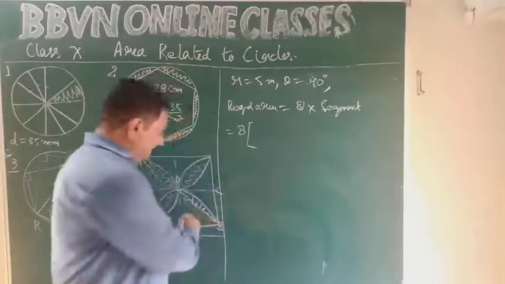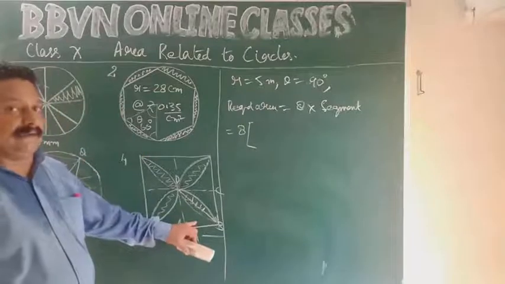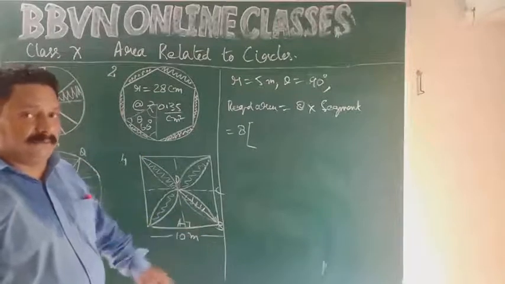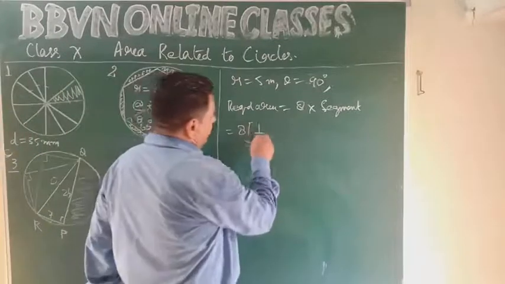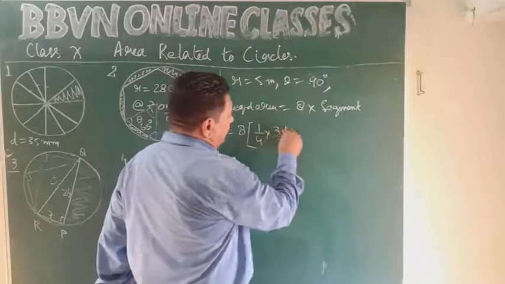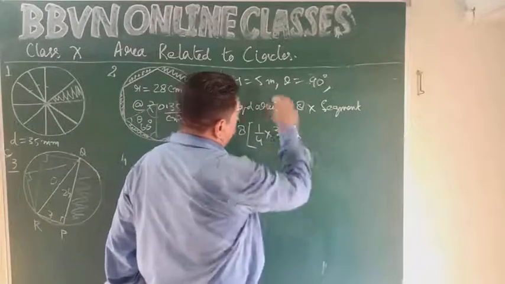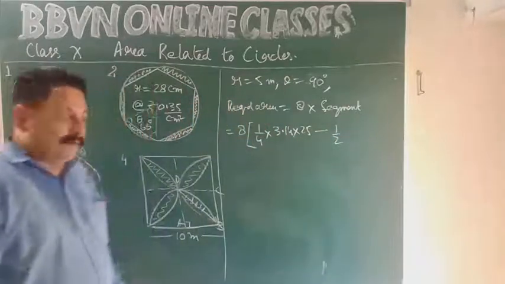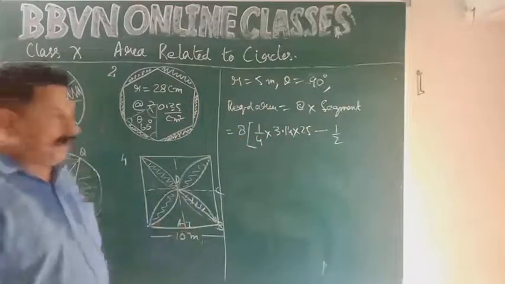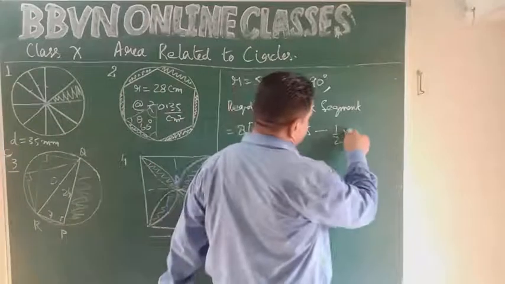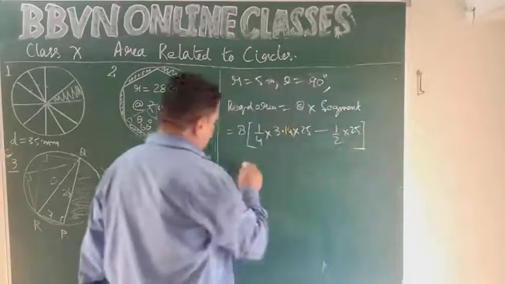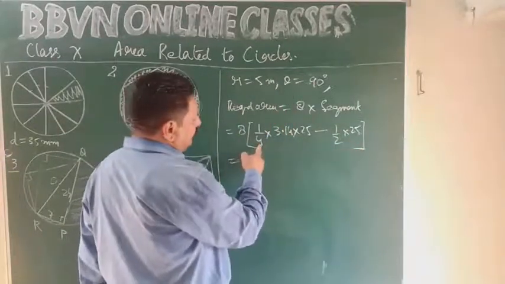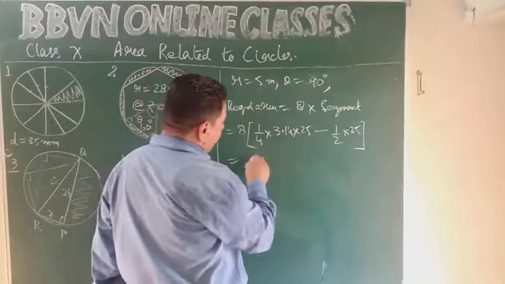This sector is formed by 90 degrees, theta upon 360, 1/4 of a circle. So 1/4 pi, 3.14 into r square, that is 25, minus half into area of the right triangle, base into height, 5 into 5. 8 goes inside, so 2 into 25 is 50.